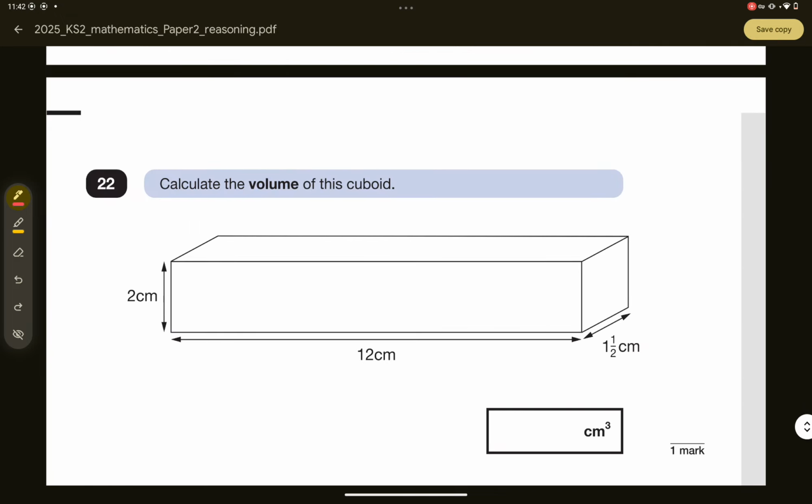22. Calculate the volume of this cube. So first we need to do 12 times. We can do whatever we want, but I would start off with 2 times 12, which is 24.